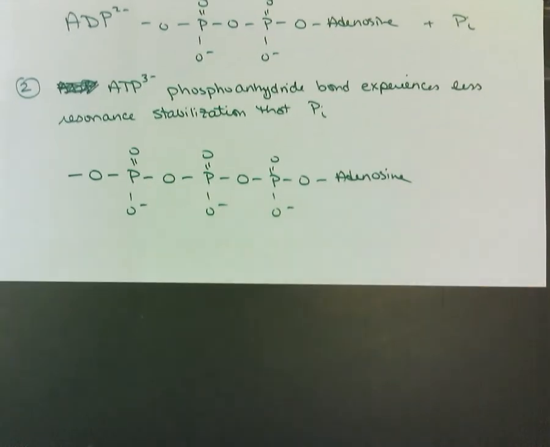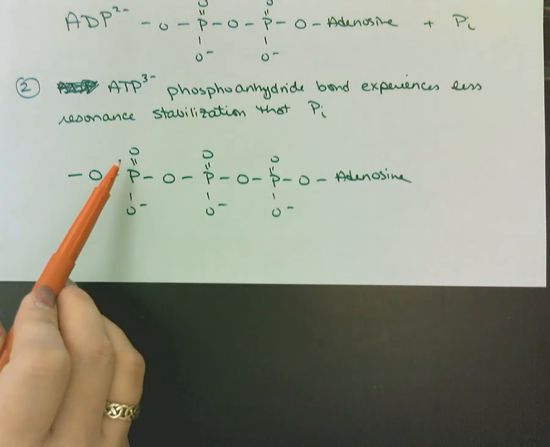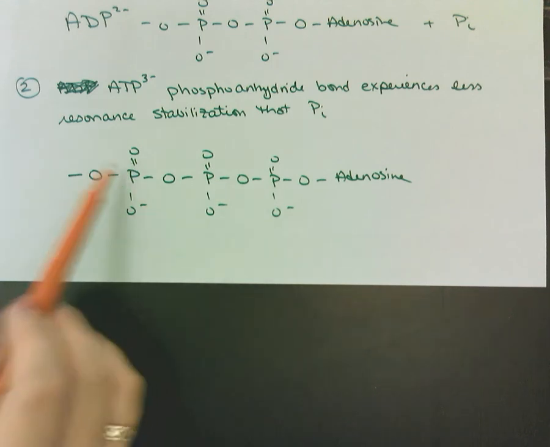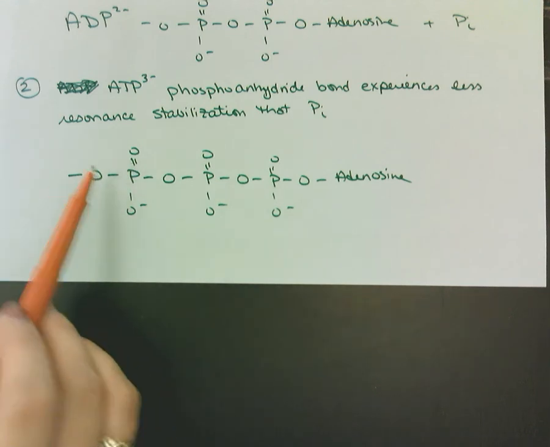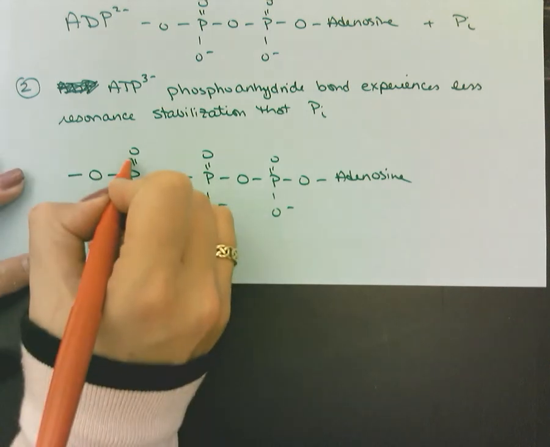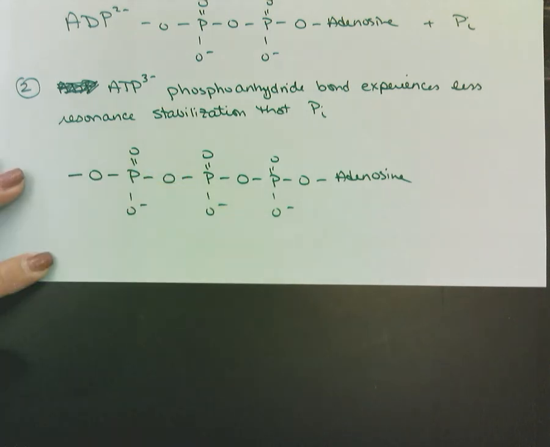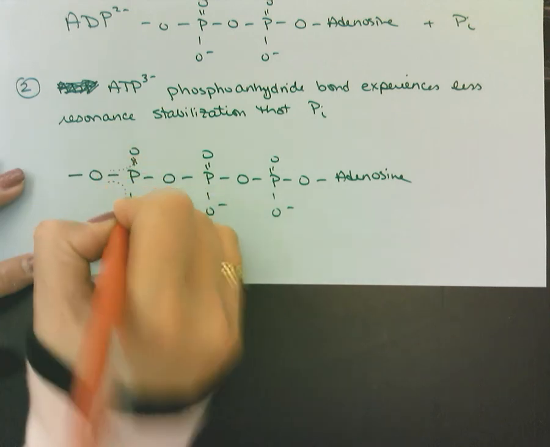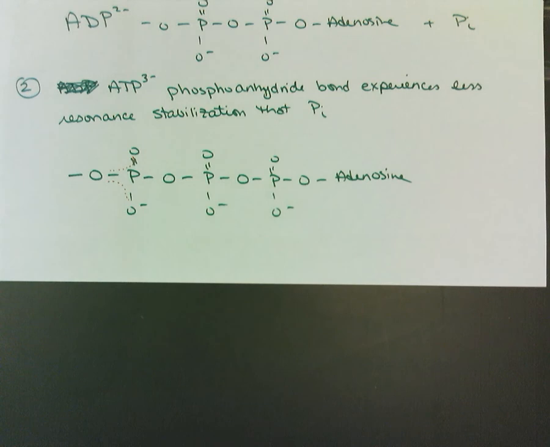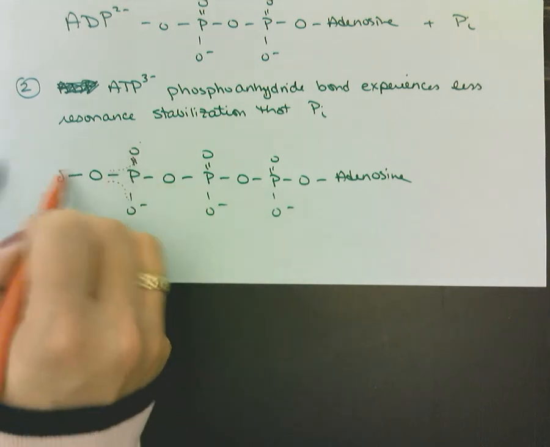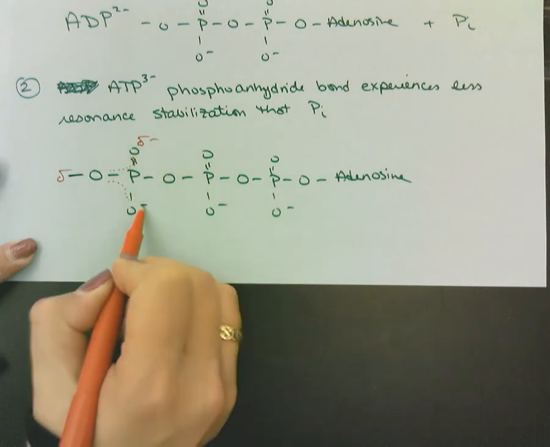So I've drawn it where the double bond is to this oxygen, and these 2 are fully negative. And obviously, the resonance structure for that, I could have drawn this double bond between any of those 3 oxygens, right? They're all equivalent. So really it's better to draw it, instead of a double bond, more like something like this, where that double bond is shared, and that full-on negative charge is partial negative charge on all 3 of these.